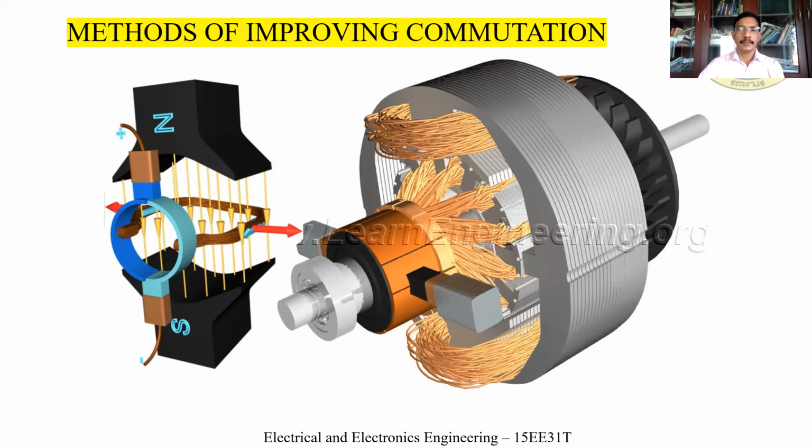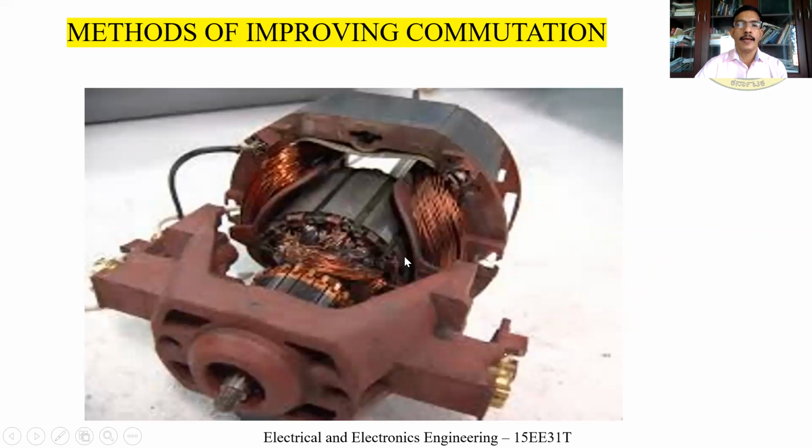We already studied this sketch. Here, this is a commutator. This one is a brush. This collects the current from this commutator. Here also you can see a real DC machine: stator part, rotor part, commutator segment and brush assembly.